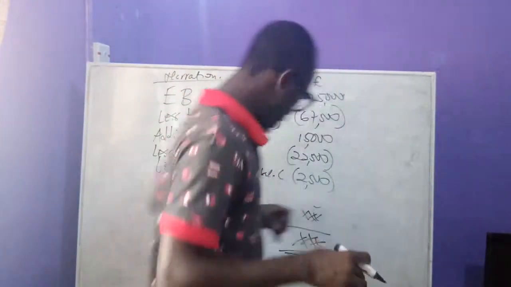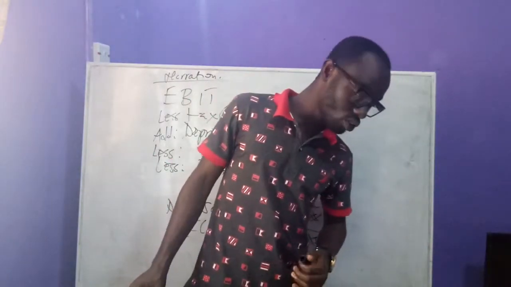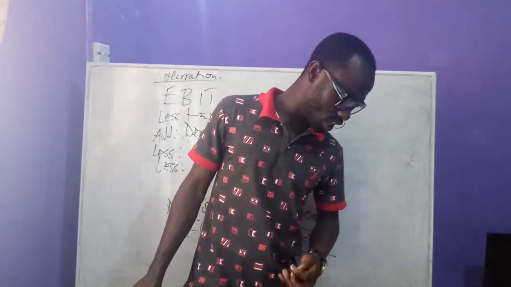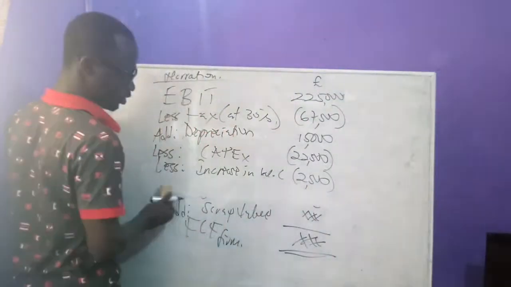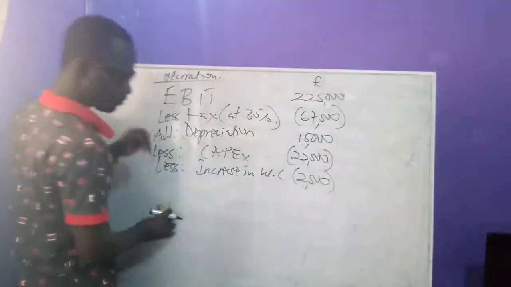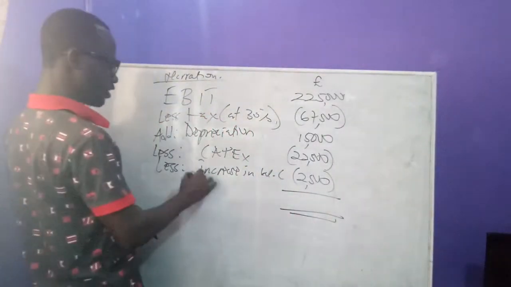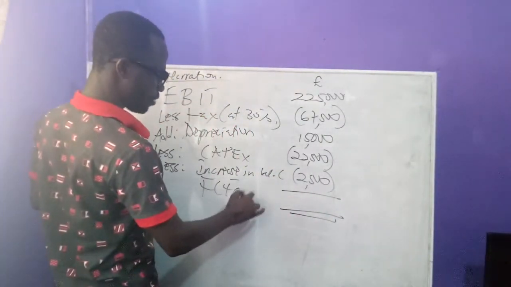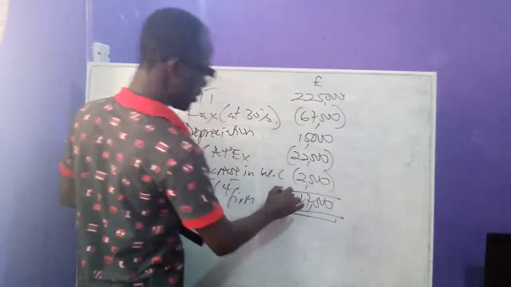Then from there we bring scrap value. We're not told of any scrap value, so the company is not going to be selling off any assets. So boom, we are done. Very simple. So if you check it out, this is the free cash flow to the firm. When we sum it up, we will get 147,500.